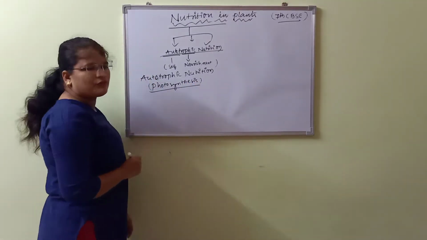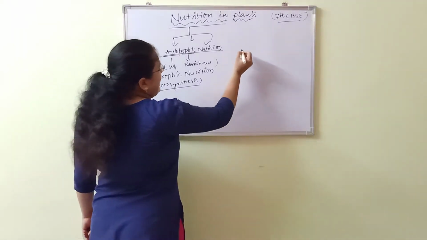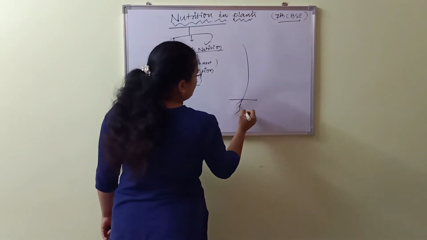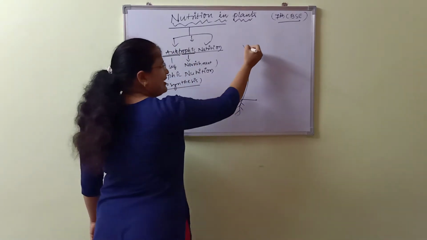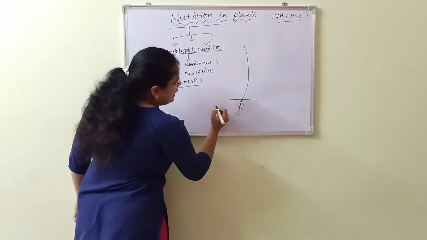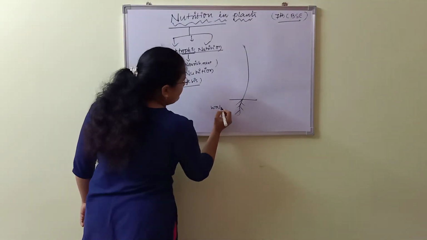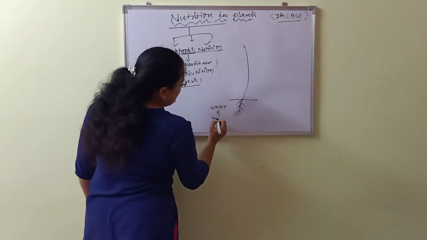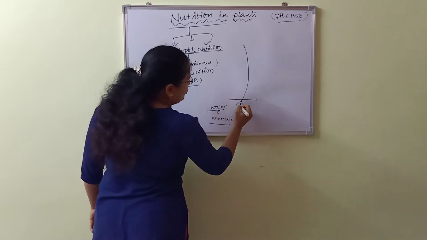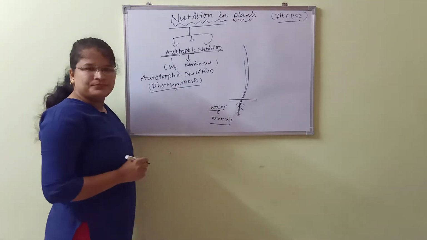First of all, you have to know that a plant is categorized into two parts. One is the root part, another one is the shoot part. Here, actually, the water and minerals are generally coming from the ground to the plant.